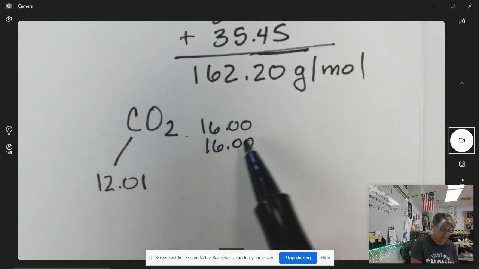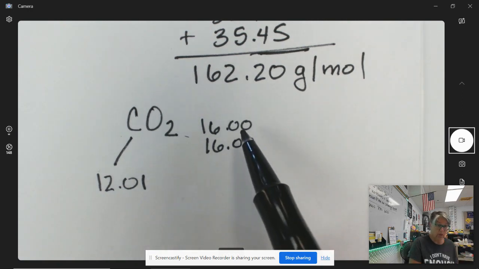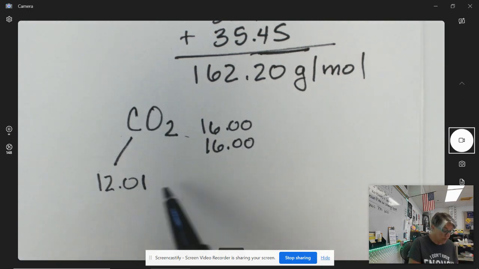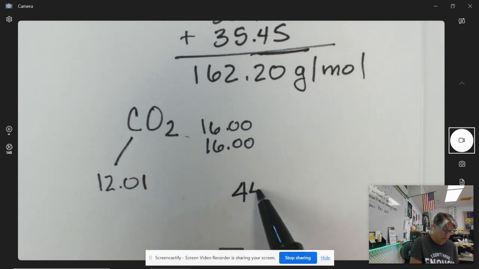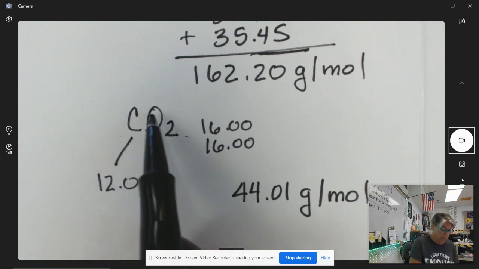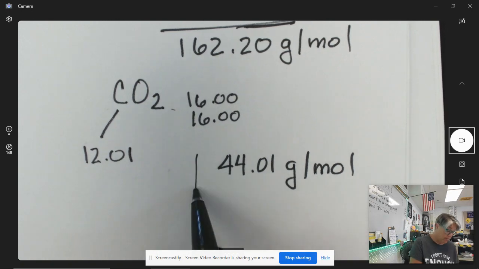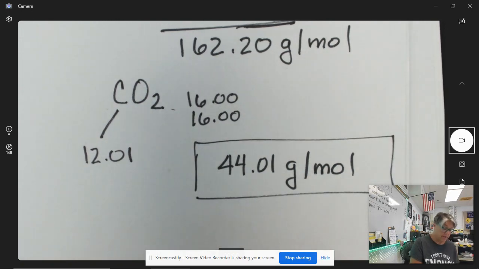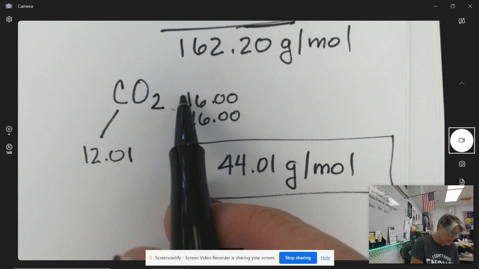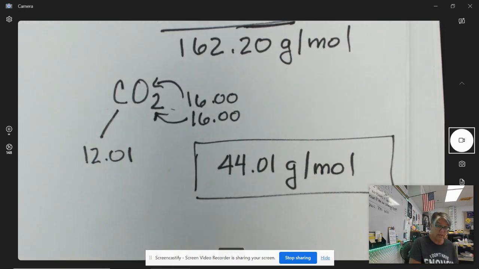Now, in your head, you hopefully are at a point where you're like, that's 32. 32 and 12, 44.01. 44.01 grams per mole. So we're adding up the mass of all the different parts. And this would be the molar mass of carbon dioxide. Times 16.00 because there are two oxygens.